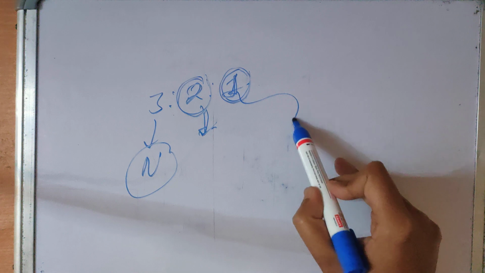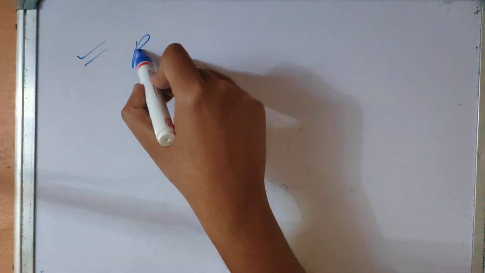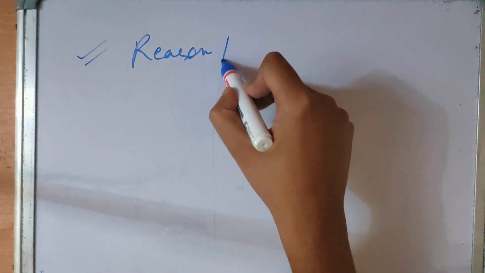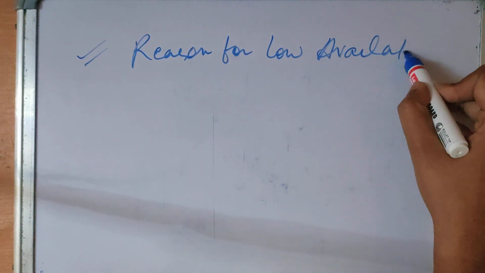Why? Because Indian soils are rich in potassium as compared to phosphorus, while phosphorus is low in amount in Indian soil. So what could be the reason behind it? This was also asked in previous years, so it also becomes very important for us. So reason 4, low availability of phosphorus.